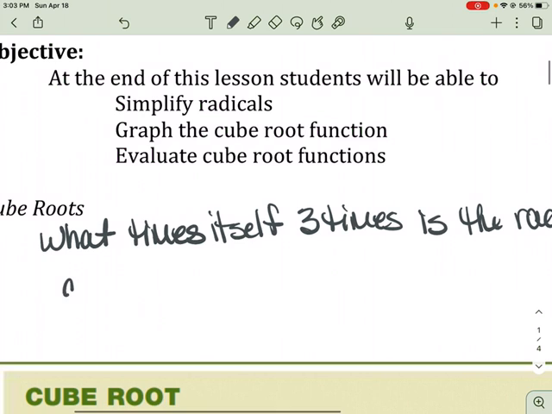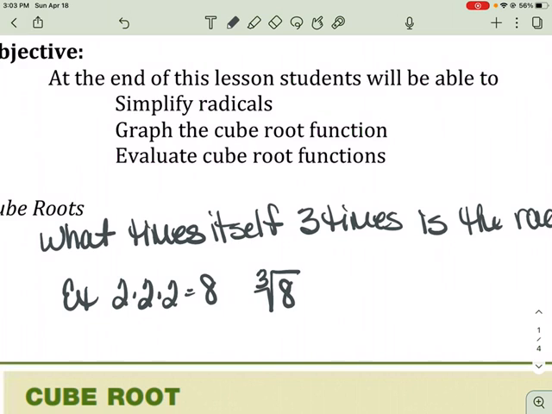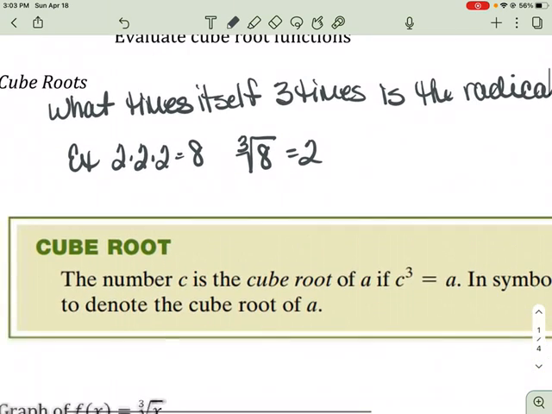For example, 2 times 2 times 2, which is 8, right? 2 times 2 is 4, times 2 again is 8. So therefore the cube root of 8 is 2, because that number times itself 3 times gives us 8.